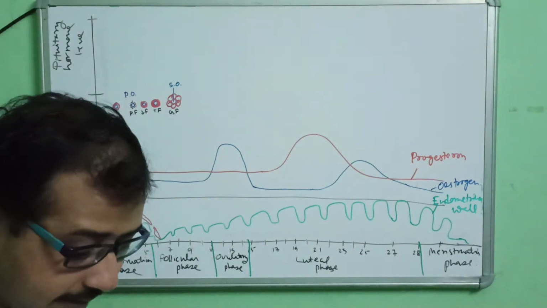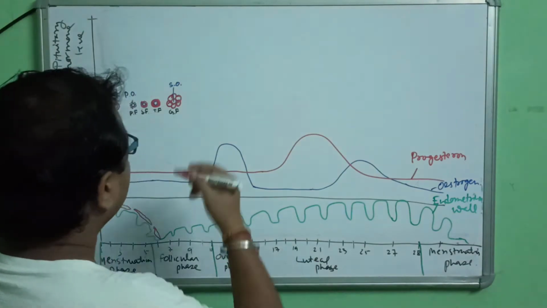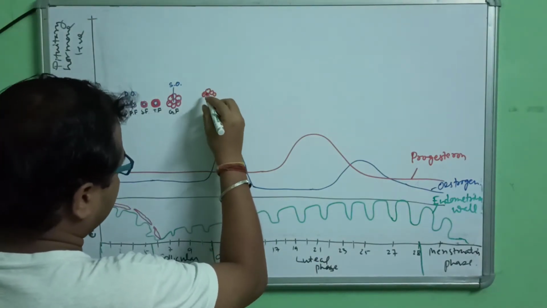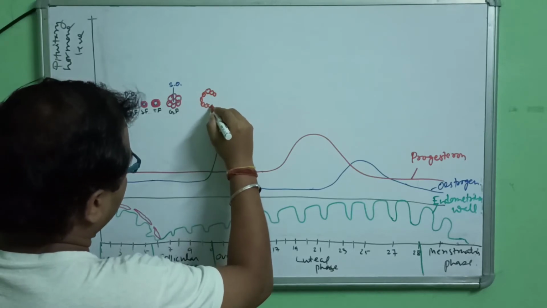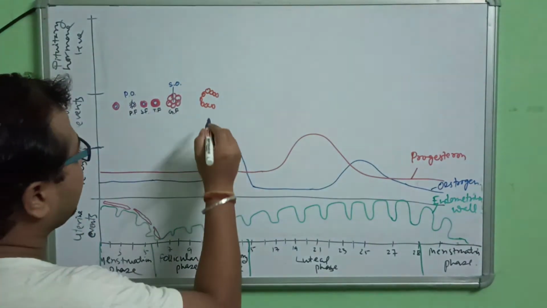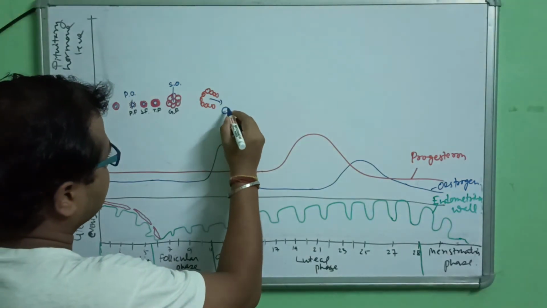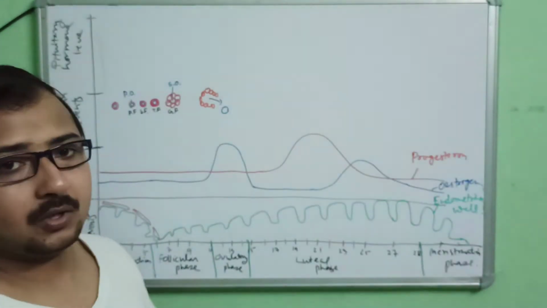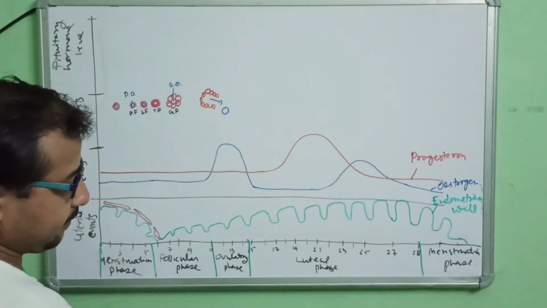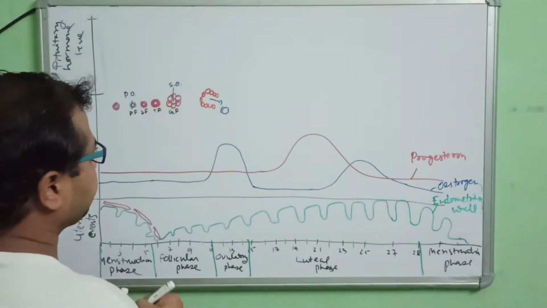So what will happen is that there will be rupturing of the Graafian follicle, and the egg is going to come out. Now the egg comes out surrounded by the zona pellucida layer.